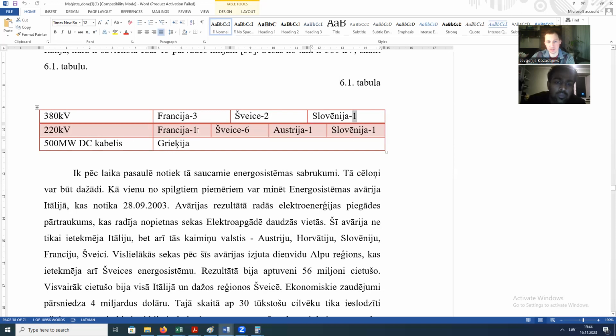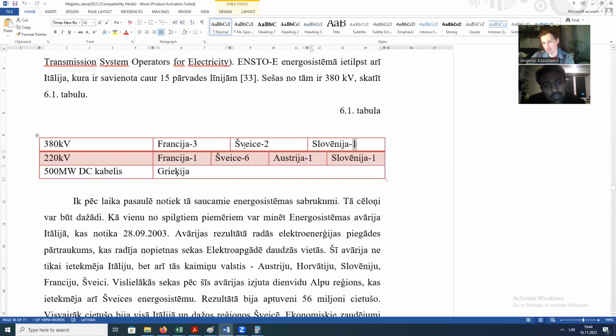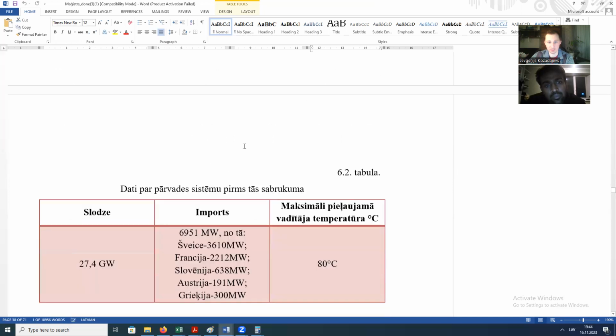At 220 kV, 1 line to France, 6 lines to Switzerland, 1 to Austria, 1 to Slovenia, and a 500 megawatt DC cable to Greece. This is the interconnection, so quite good. A lot of lines you can see here.